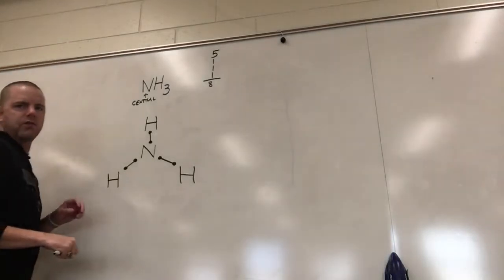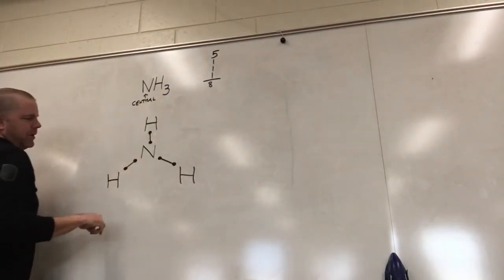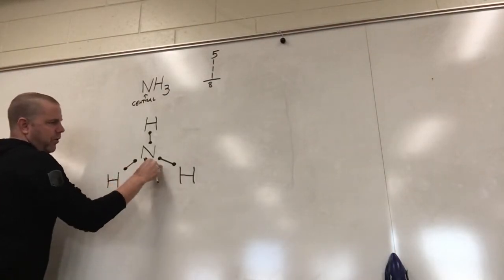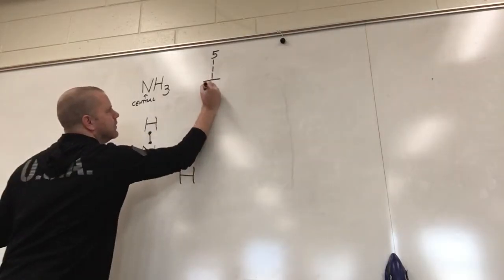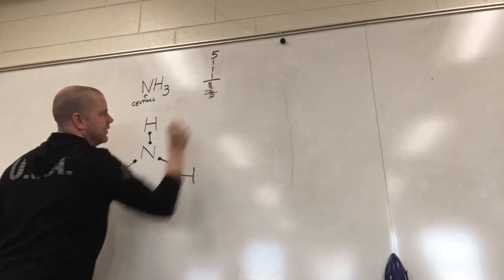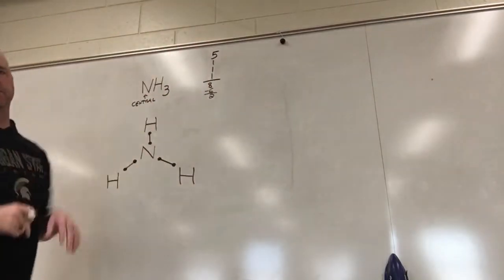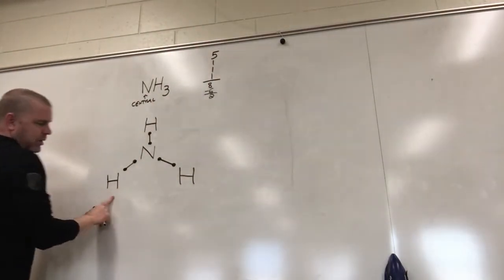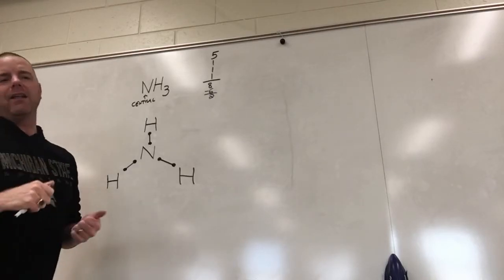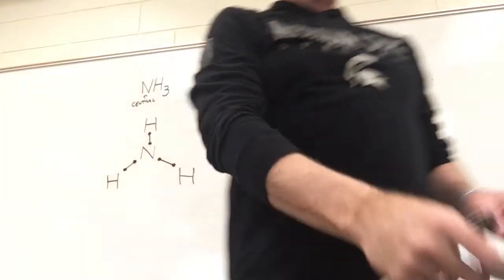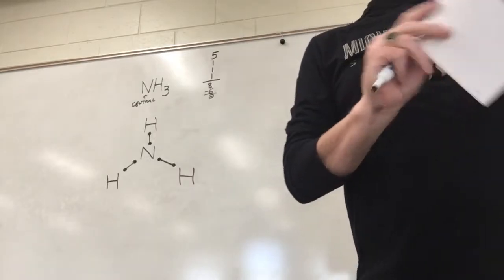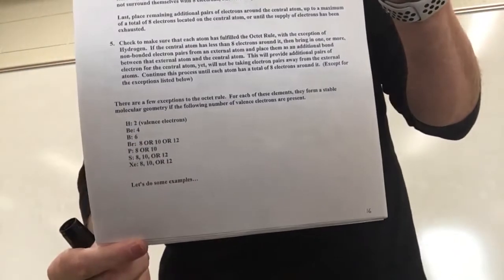All right. So what ends up happening now is we used up 2, 4, 6 of these 8 electrons. So we subtract out those 6, leaving us 2. Now we work outside in. Most elements want 8 electrons in their outermost level unless they are an exception, and our exceptions are right here.